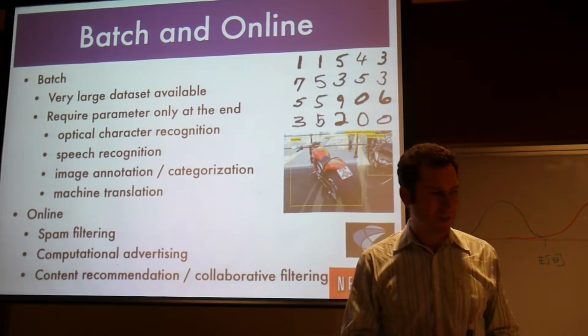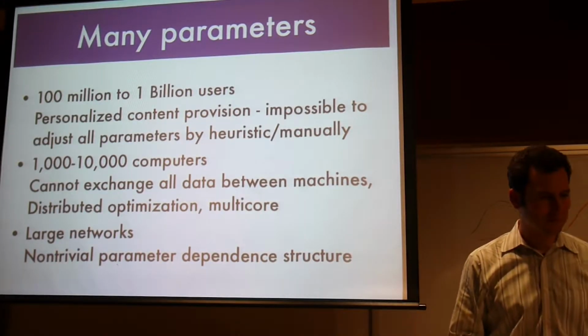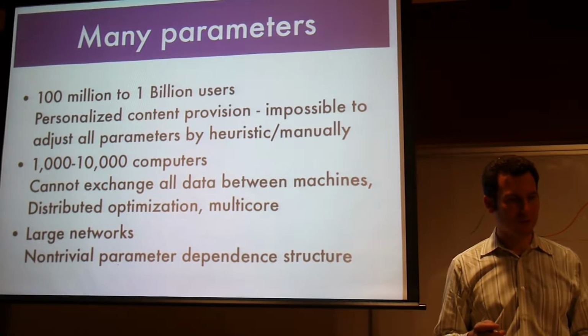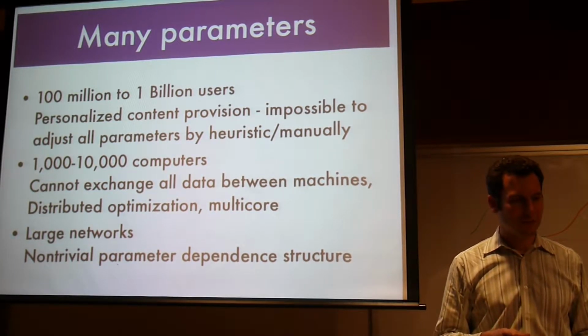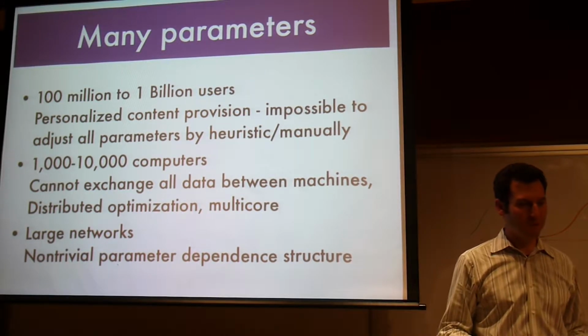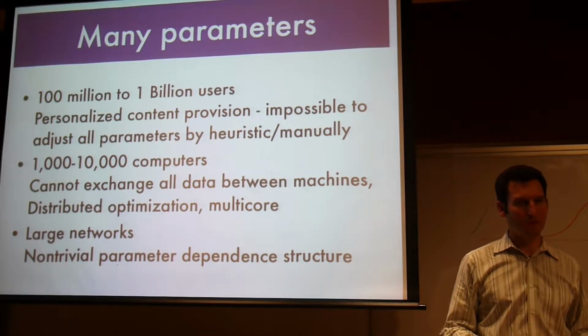So the problem is also you have a lot of parameters. You might have like 100 million to maybe 1 billion parameters. So for instance, if I want to do personalized content provision, it's really impossible to adjust all those parameters heuristically or manually. So this is why I really need to optimize.